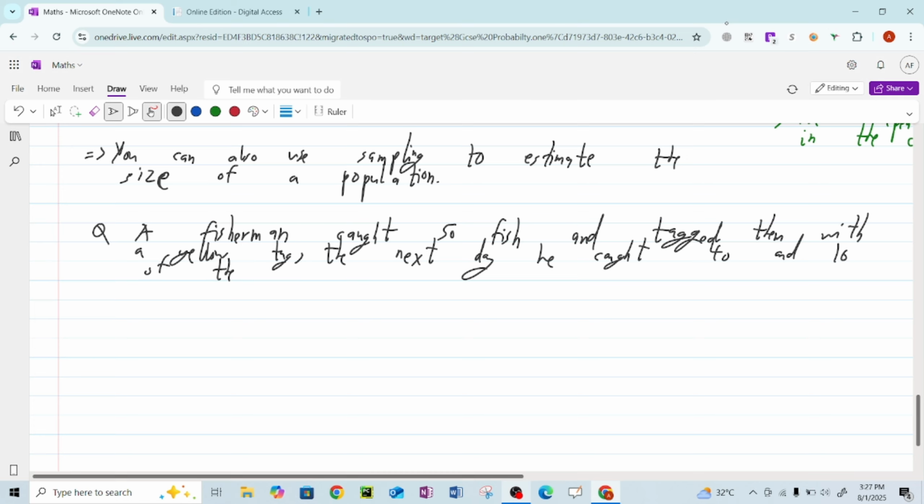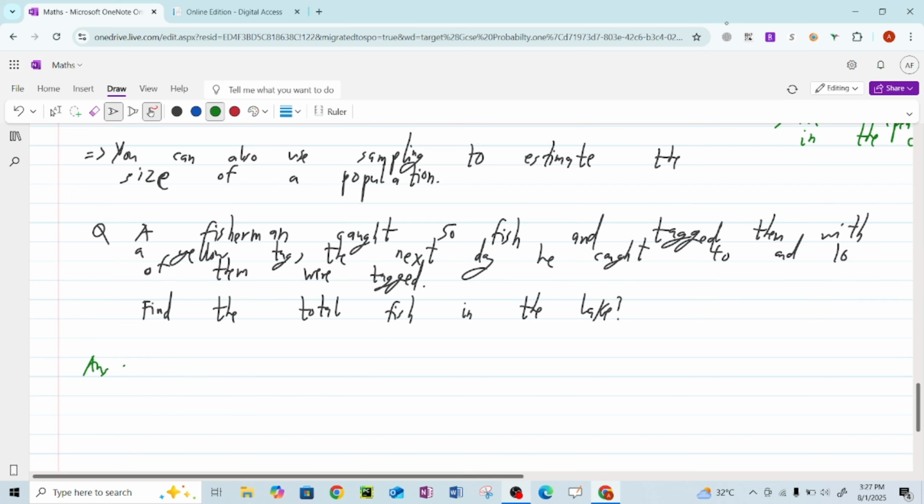Now the question is, find the total fish in the lake.